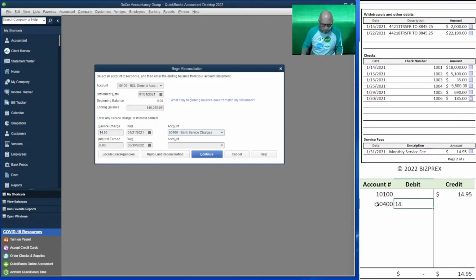That's an expense. Expenses go up when debited. So here it is. Debits and credits balance. And again, this amount right here is a debit to account 60,400, and it is a credit to account 10,100. So let's continue with our reconciliation.